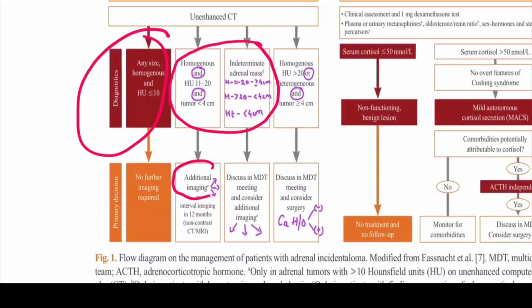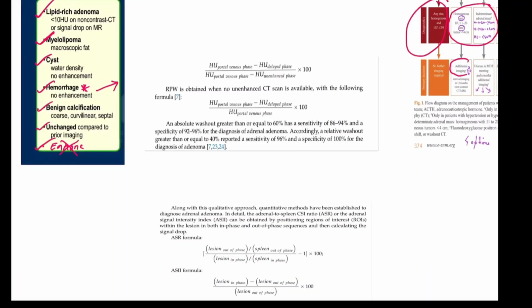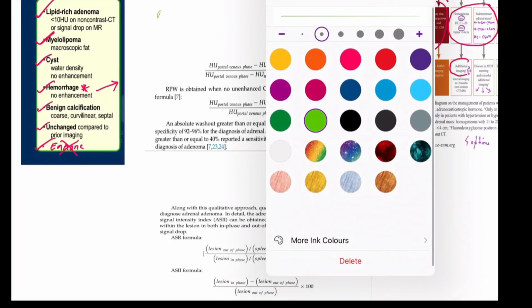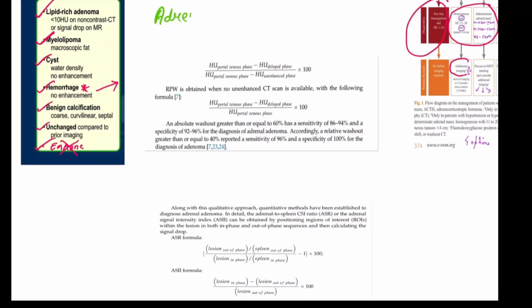So when the adrenal lesion is not a typical benign lesion on NCCT images, we can go for the adrenal washout CT protocol, or we can go for chemical shift MR imaging. So what is the adrenal CT protocol?